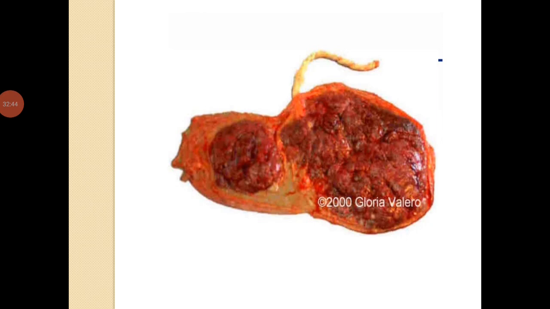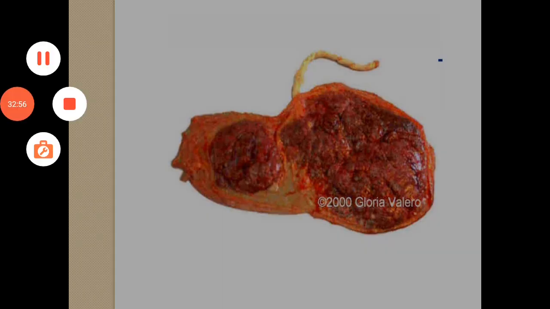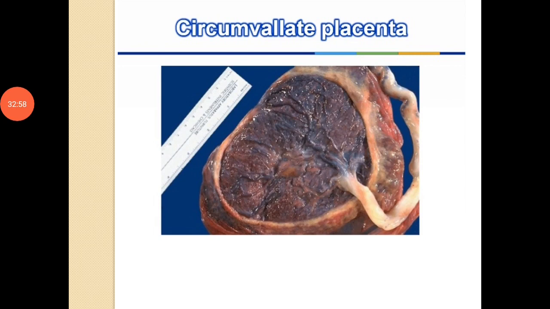First is the placenta succenturiata, where one or more lobes will be separated from the main portion of the placenta but will be contained in the same membrane. Then circumvallate placenta, where the edge of the membrane will be near the center, which will form a thick ring, and the inner portion will be depressed.